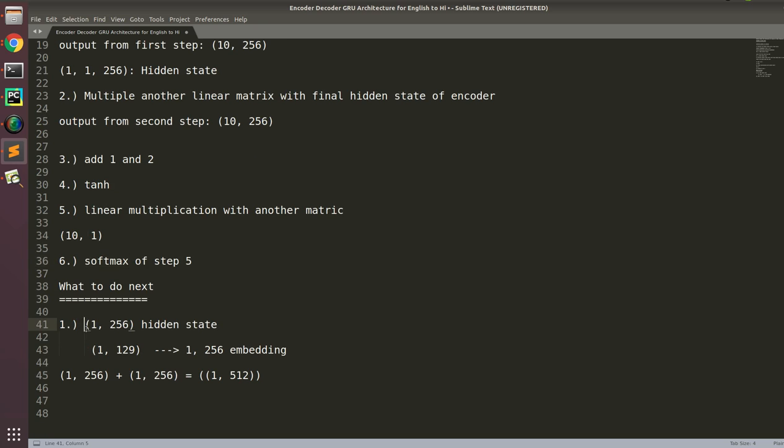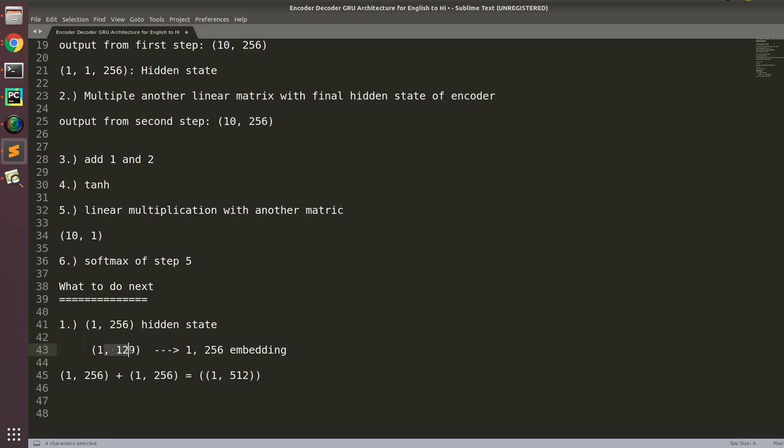After that we feed these alpha values, meaning the linear combination of alpha values with the encoder output, along with the input of the decoder GRU cell, provided that the shape of this value and the decoder input are the same.